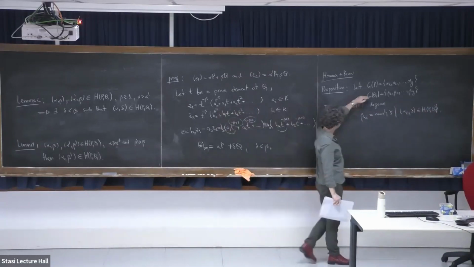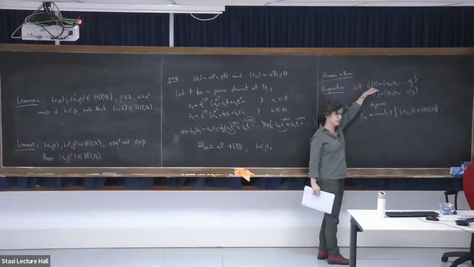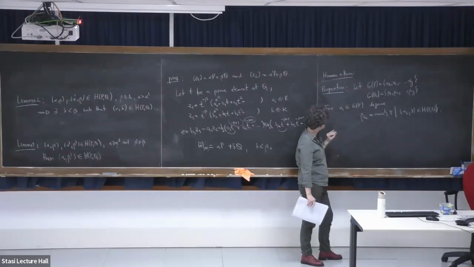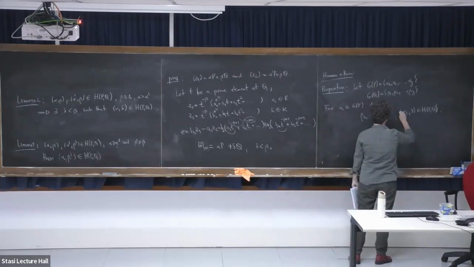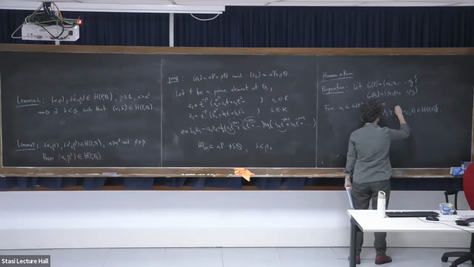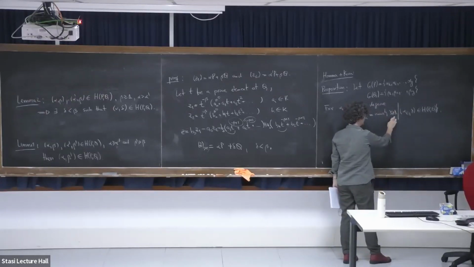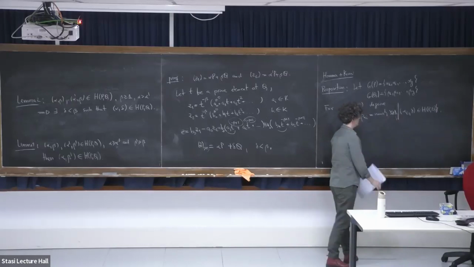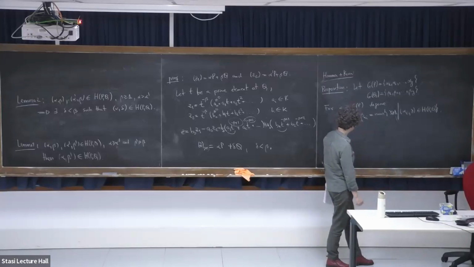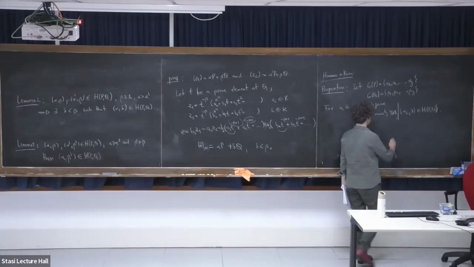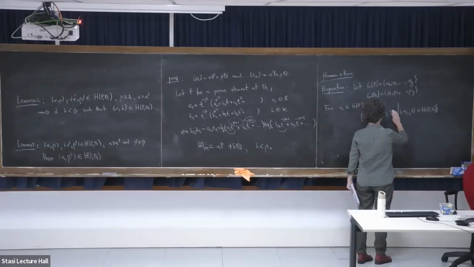So you take a gap at the point P and you look for the smallest natural number gamma larger than 1 such that the pair is in the semigroup.